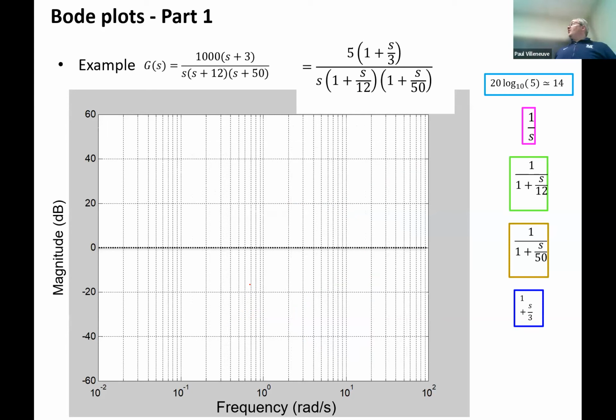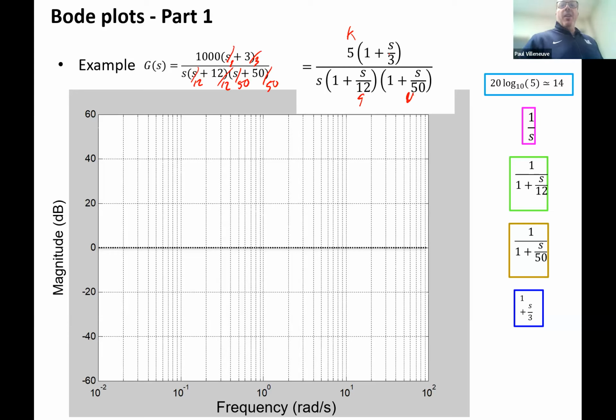The very first thing you need to do is set it up in standard form, which means I have to divide this by the break frequency, this by the break frequency, and this by its break frequency, because I want to have it set up in standard form. When I do that, that 1,000 becomes 5. So now I have a K of 5, which is going to affect the magnitude, 20 log 10.